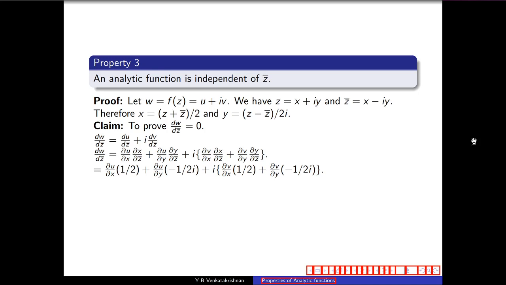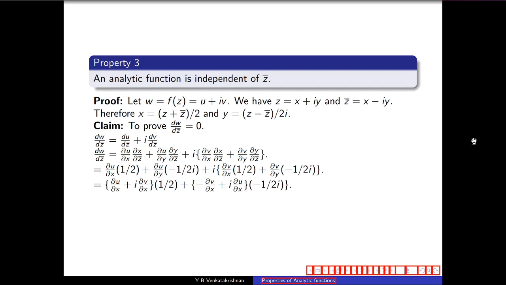Dou Y by dou Z bar will be minus 1 by 2i. That will give you dW by dZ bar as dou U by dou X into 1 by 2 plus dou U by dou Y into minus 1 by 2i plus i times 1 by 2 into dou V by dou X minus 1 by 2i into dou V by dou Y.